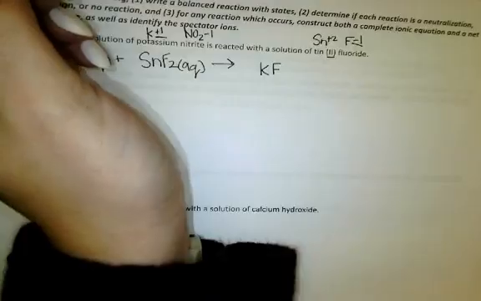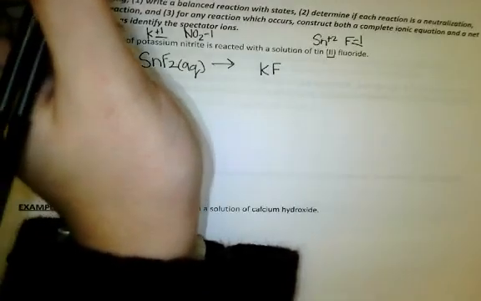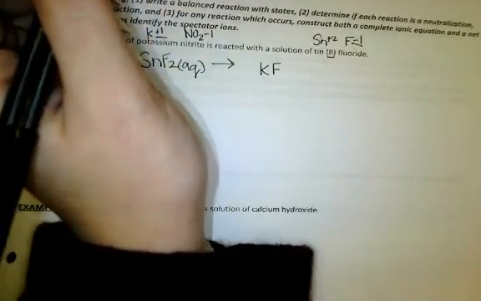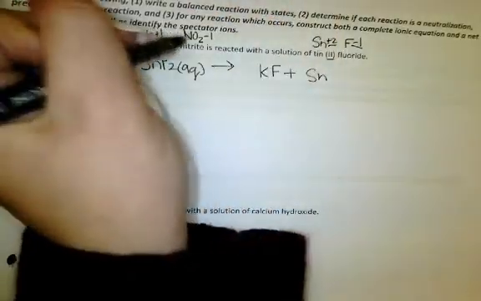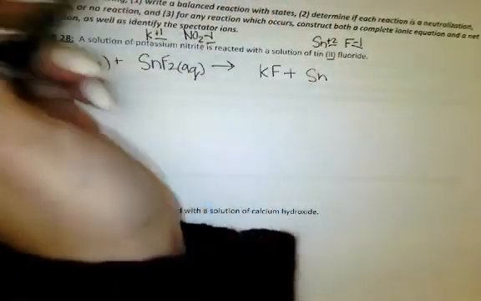It's not always going to be correct, right? Plus Sn. Now tin's charge is +2. Nitrite is -1. So that means I'm going to need 2 NO2s to balance that out.